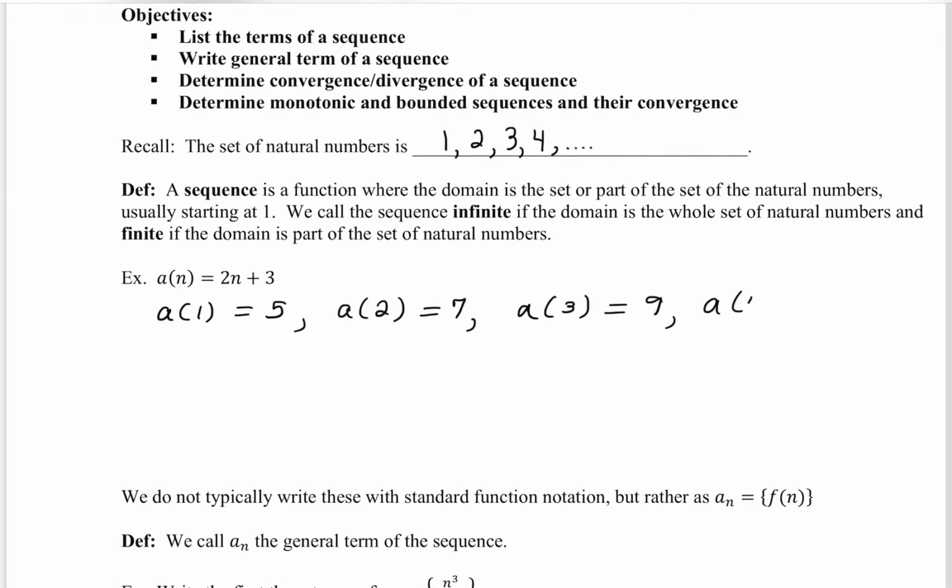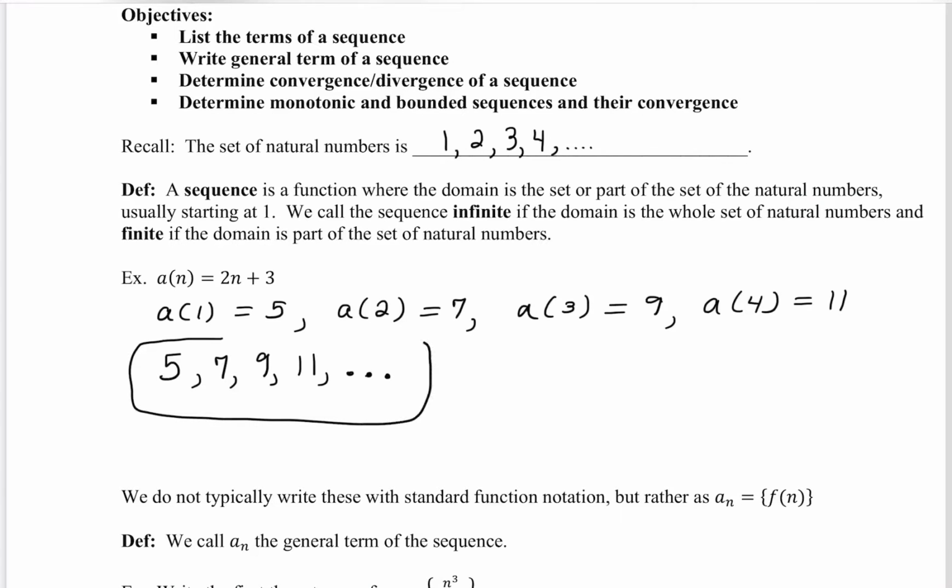A of 4, we'd have 8 plus 3, which would be 11. So we're getting the values 5, 7, 9, 11, and you can get a feel now. We're looking at all of the odds, starting at 5 and going on from there.